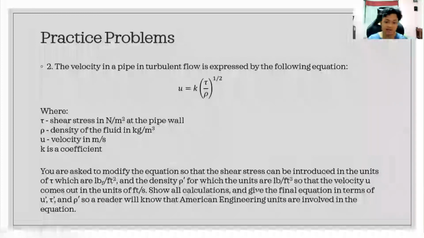So show all calculations and give the final equation in terms of U prime, tau prime, and rho prime, so our reader will know that the American engineering units are involved in the equation. So if you don't know what that means, you can consult with me further for this problem, so that we can discuss it and you can solve it on your own.